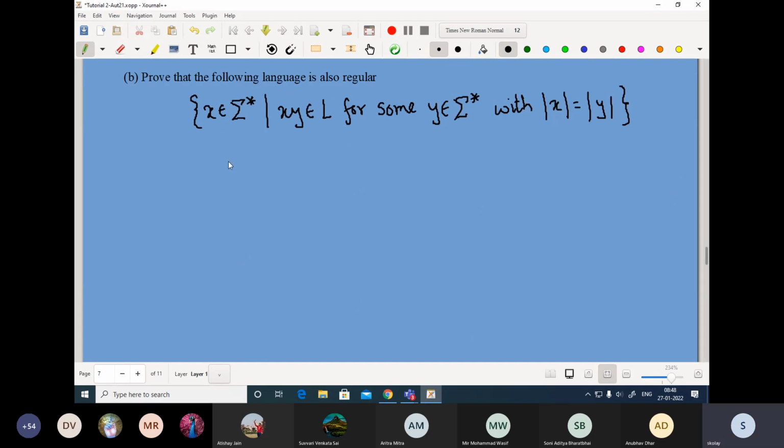So now I am considering a similar problem, a little bit different. I am considering again L to be a regular language, so it has some DFA.